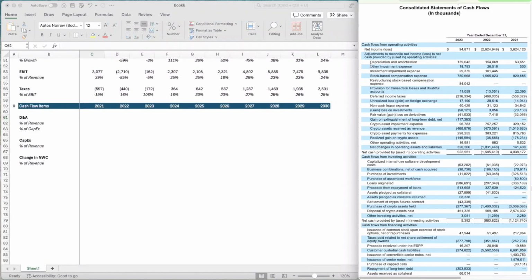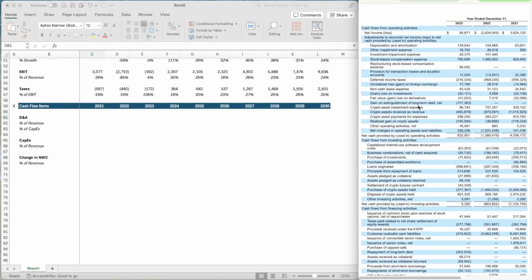This line, we need depreciation and amortization.